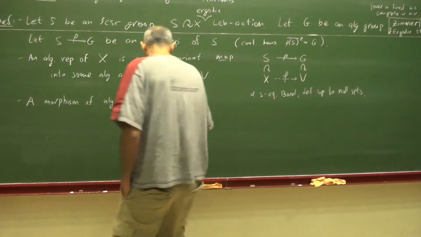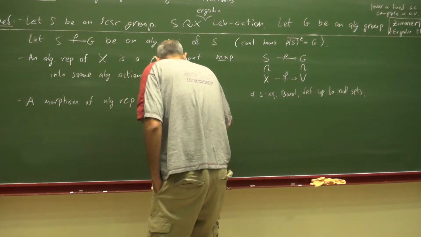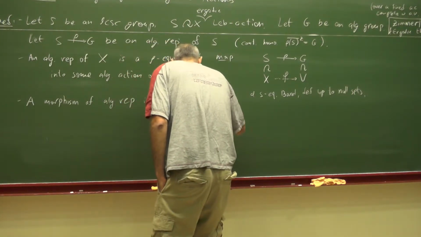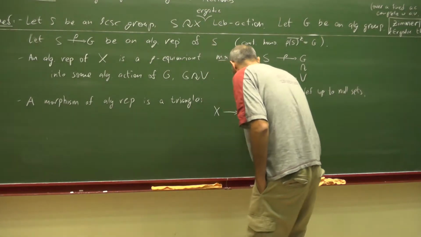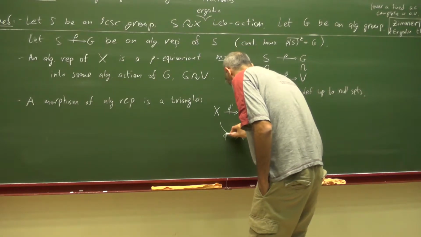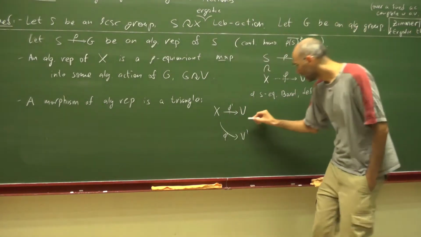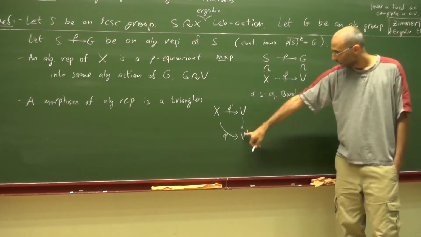So it is a triangle, if you wish. I'm having X, I'm having V, maybe I'm having another line, V prime, fitting into this, and a morphism should be a map here.